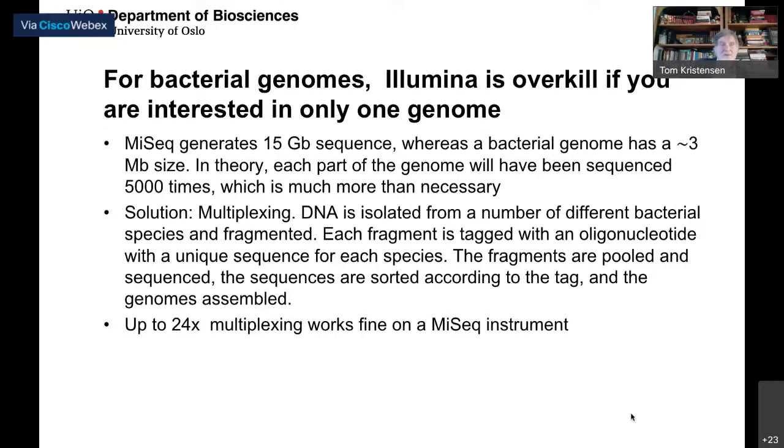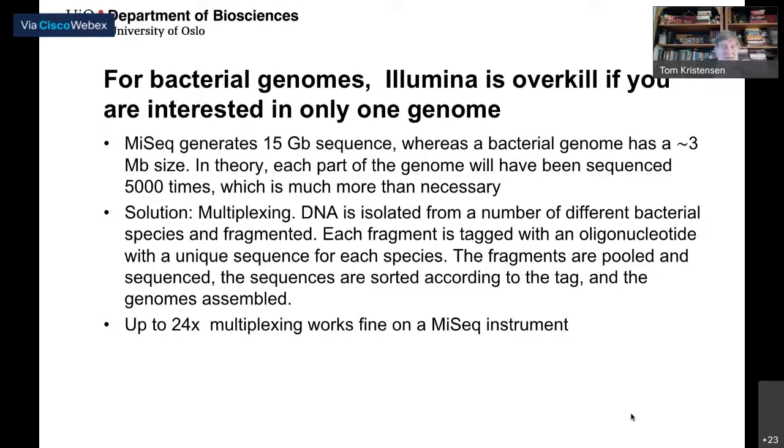Even the small instrument, MiSeq, gives 15 gigabases of sequence, whereas the bacterial genome has 1 to 3 million base pairs in its sequence. So running a bacterial genome on the MiSeq instrument would give us a coverage of 5,000 times, which means that each part of the genome, at least in principle, would have been sequenced 5,000 times, which is much more than you actually need.